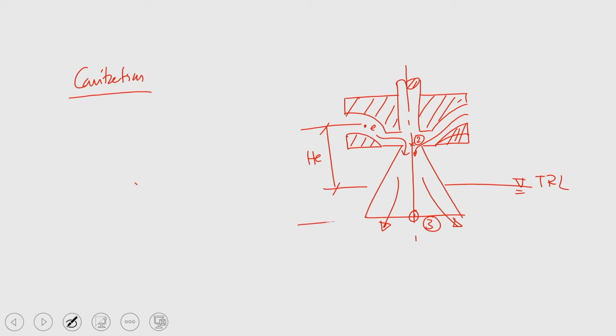Say this point 3 is located H naught below the TRL.